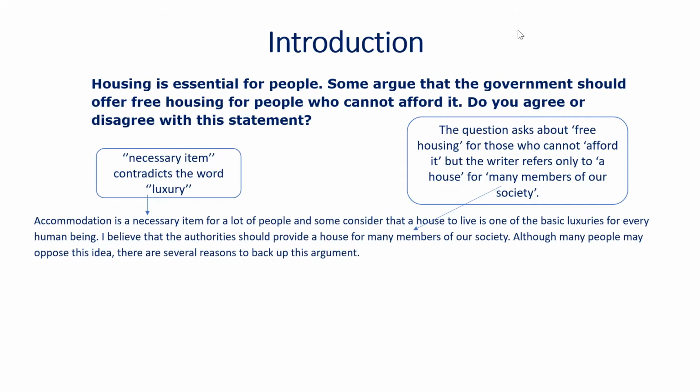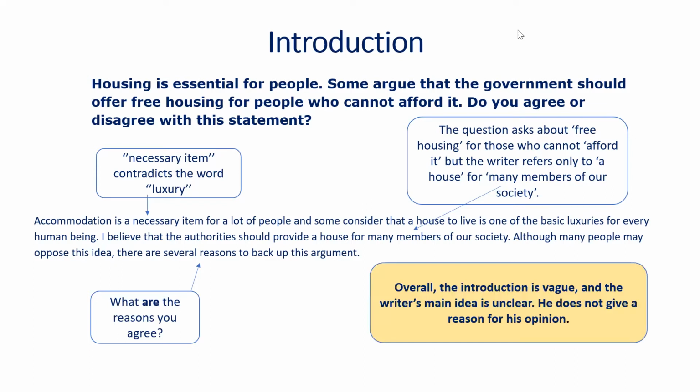She then says, although many people may oppose this idea, there are several reasons to back up this argument. But she doesn't exactly say, well, what those reasons are. And as I said in Lesson 1, you need to provide reasons for your idea. Overall, the writer's introduction is vague and her main idea is unclear.